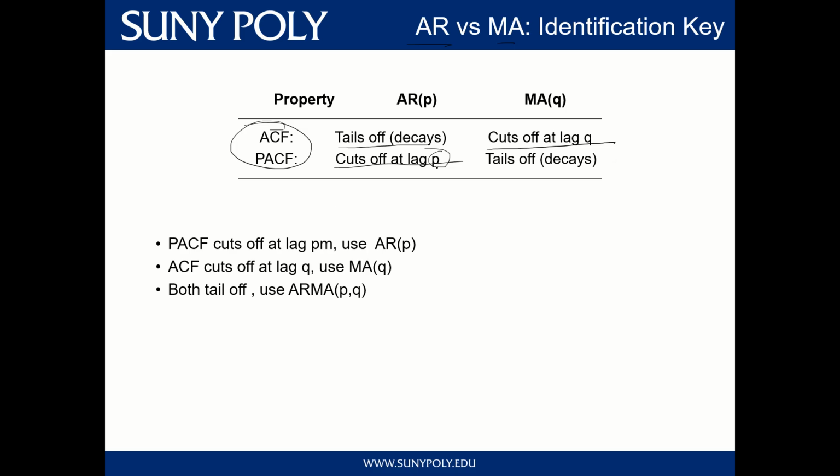The maximum lag here will define P. In the case of the moving average, the PACF is the one that decays, and we're going to find Q in the ACF.